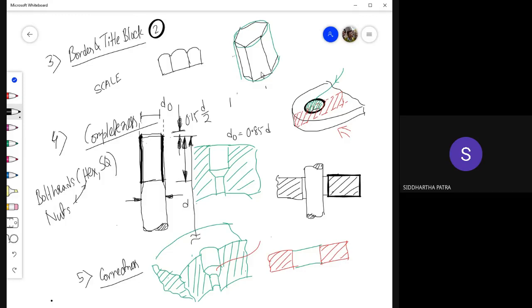Now of course, with the core diameter, drilling would be done. Drilling with the core diameter, that is the smaller dimension. So that is what would be visible.